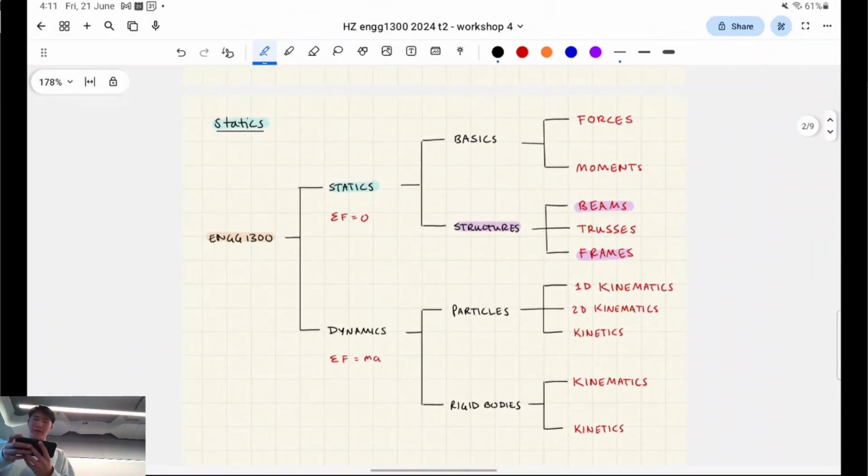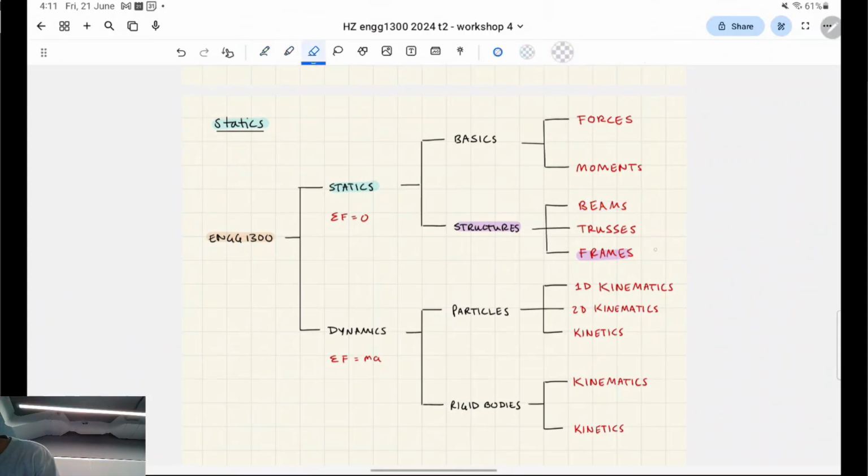In terms of where we're at for the course, we've covered the beams and frames. Oh, I haven't updated this, sorry. This week will be on trusses, basically. So we're just covering that topic, right? And we're still in statics, and this will be pretty much the last topic that we're going to be covering before we touch on dynamics.